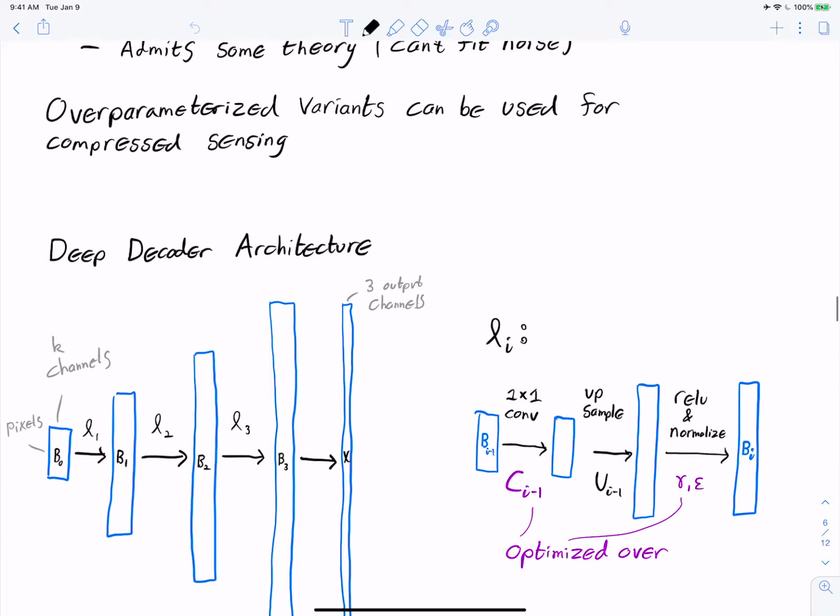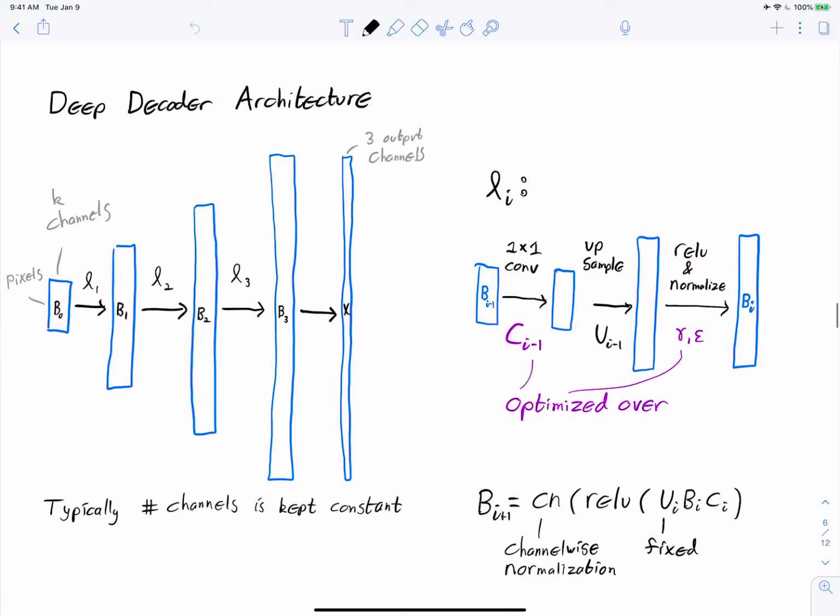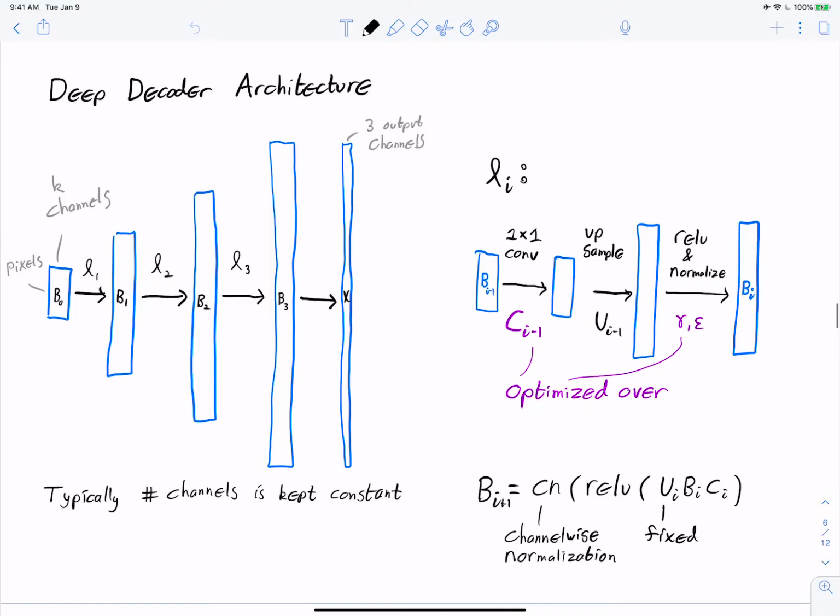So the deep decoder architecture is as follows. It's going to be a neural network, as before, which takes some input and has an output, which is a color image. The input is going to correspond to a smaller image, but with k channels.